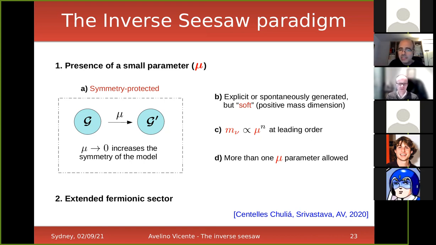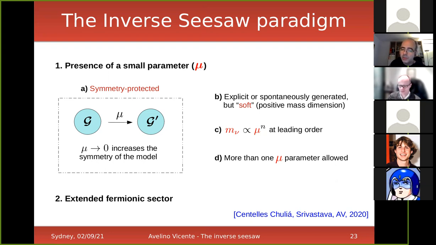A second ingredient, it is typically taken to be dimensionful, so dimensions of mass. But there are variations in which you can have other positive dimensions, but always positive dimension. And the crucial ingredient is that neutrino masses will turn out to be proportional to some power of this mu parameter at leading order.